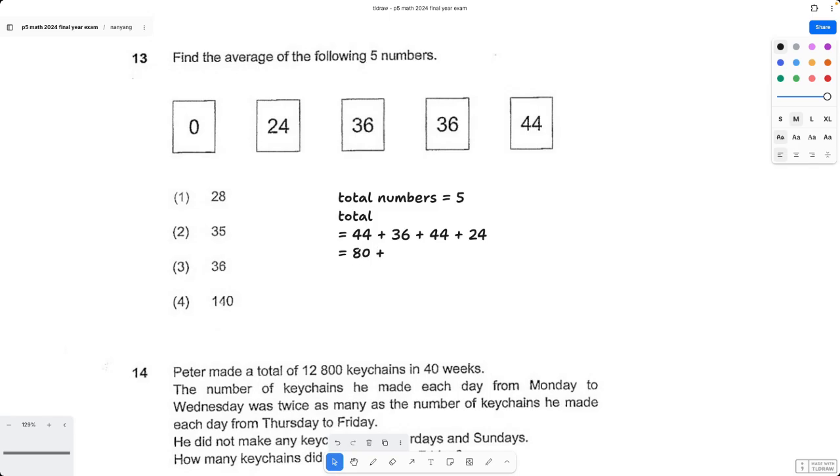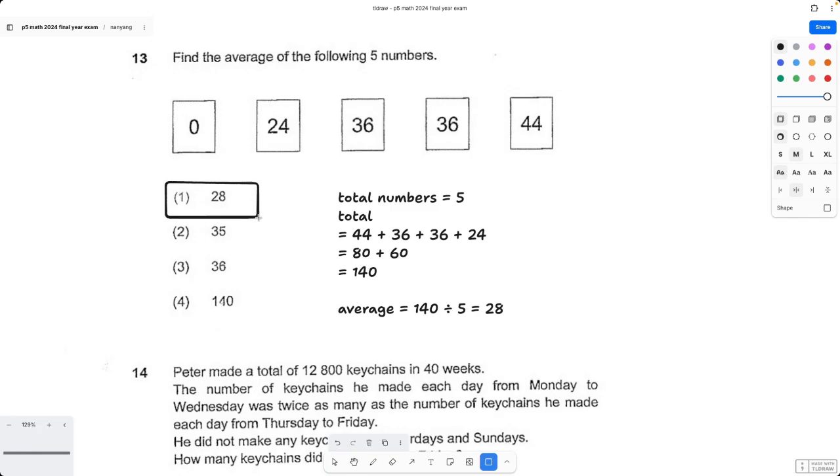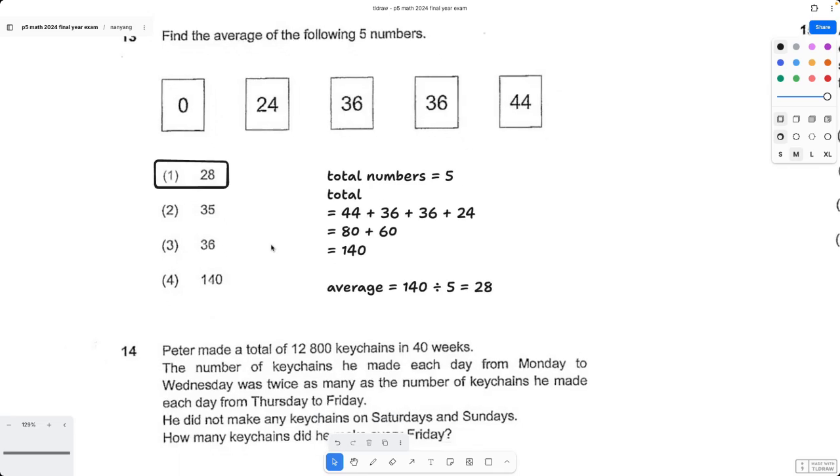And then 36 plus 24, right? Then this will be 60. Okay, and this will be 140. Okay, so average is equal to 140, and then we divide it by 5. This will give us 8 at the end, so this should be 28. Okay, so the answer to this is 28. That's what I see over here. All right.